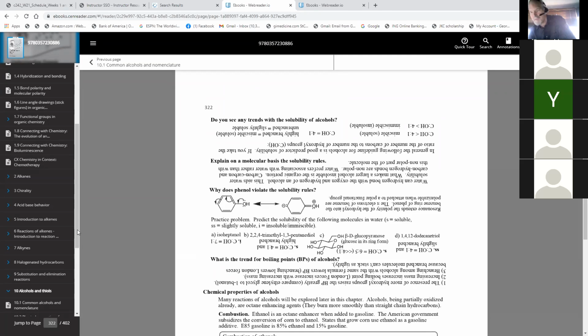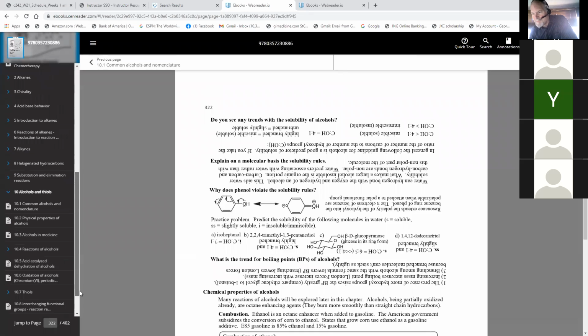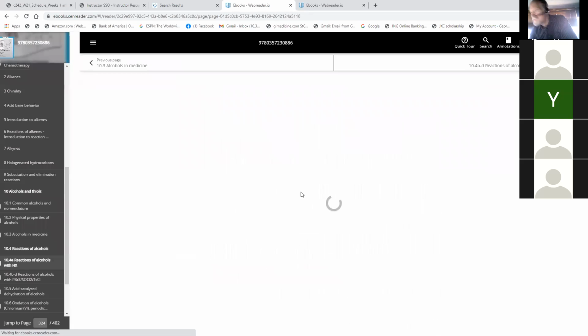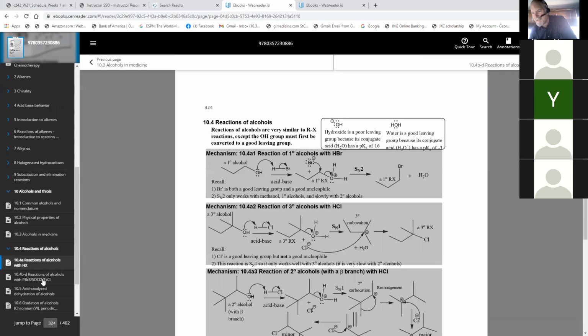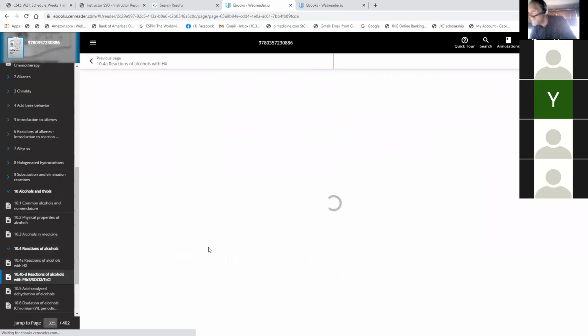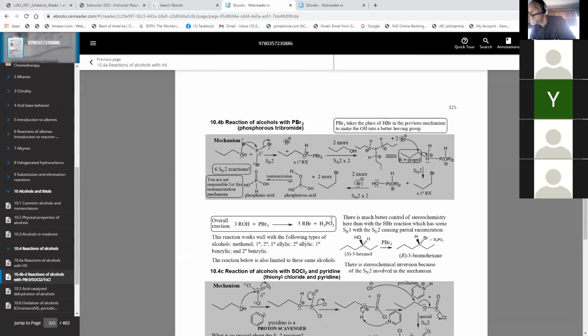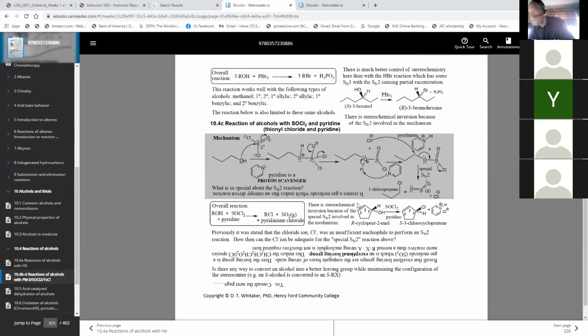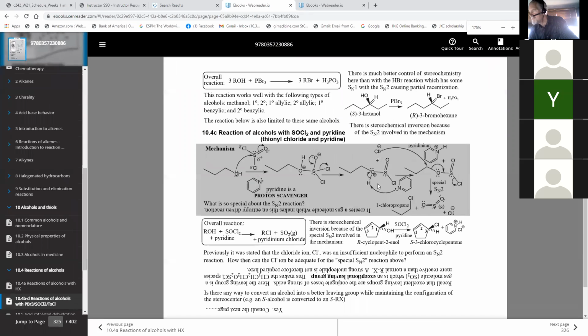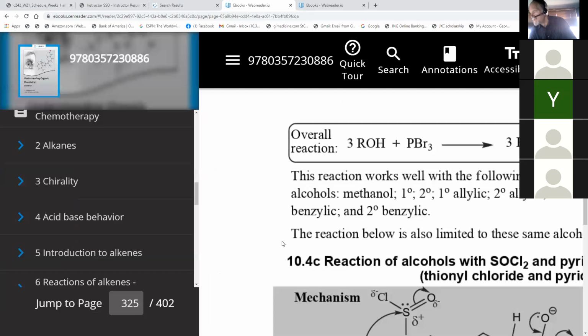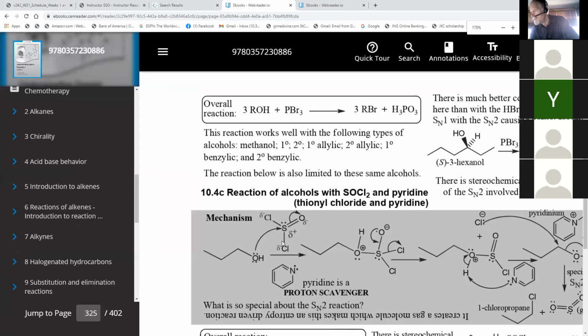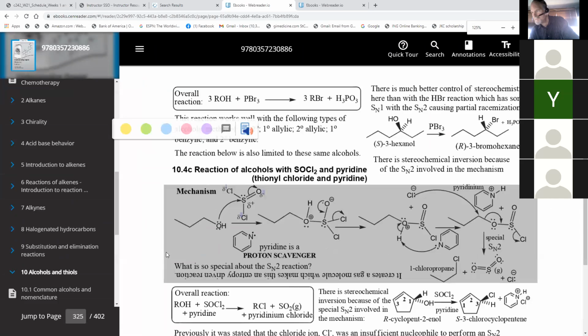So I'm just looking for 10.4C. Oh, here we go, 10.4. And I'm just going to steal 10.4C. Things got big. Need smaller.